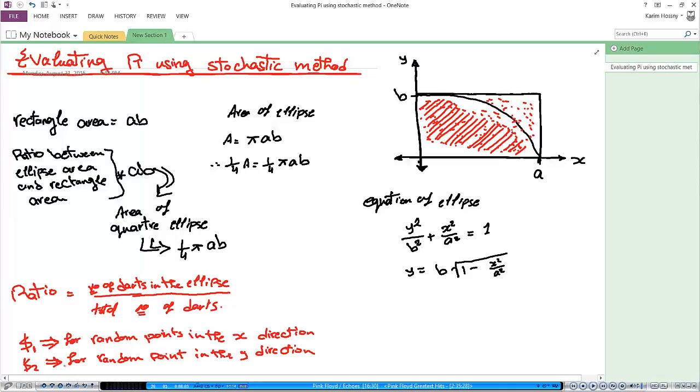Then I have to use those random numbers to make an algorithm to calculate pi.